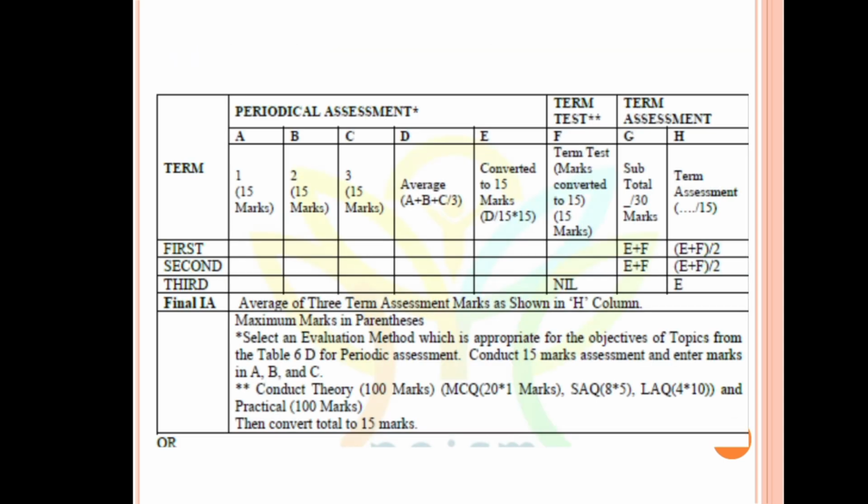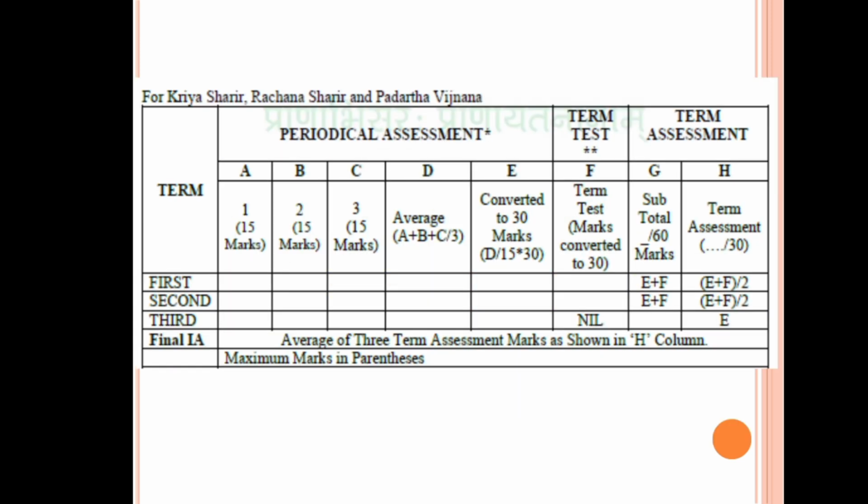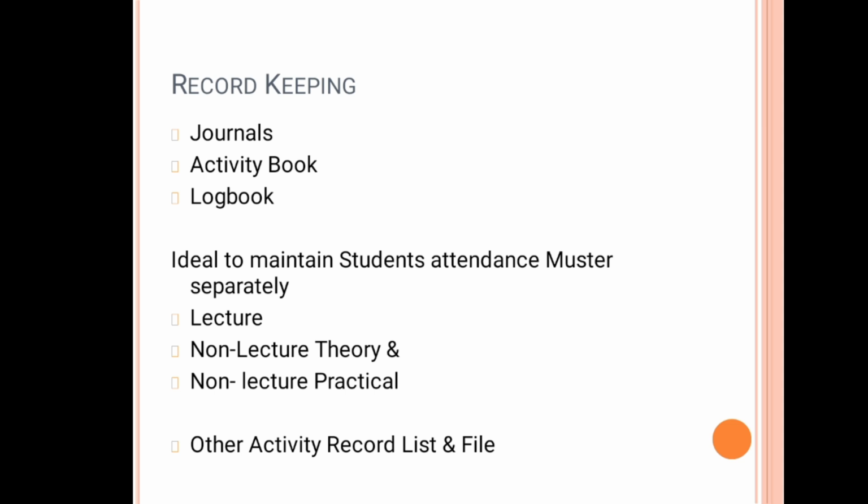So coming to calculation of assessment marks. So this is the chart that everyone knows for first year and second year professional also, and it will come to third year soon. So periodic assessment. Next is record keeping, which is one of the important points where all the records are kept in the form of journals, activity book, logbook.